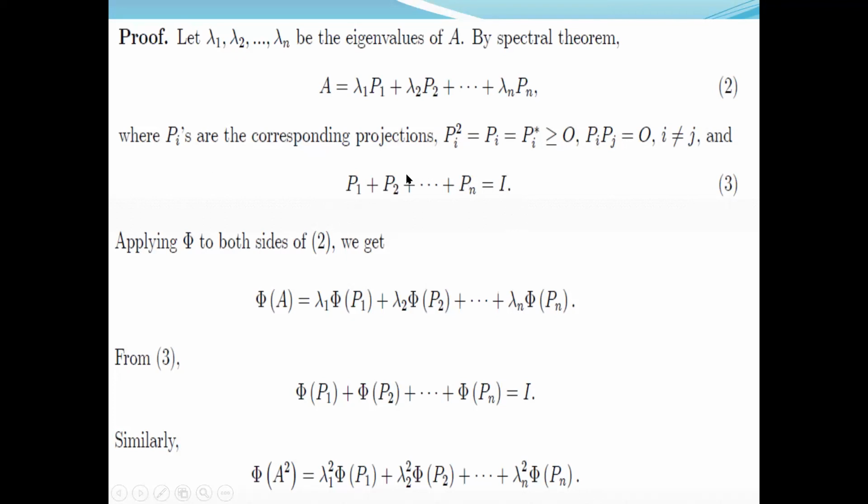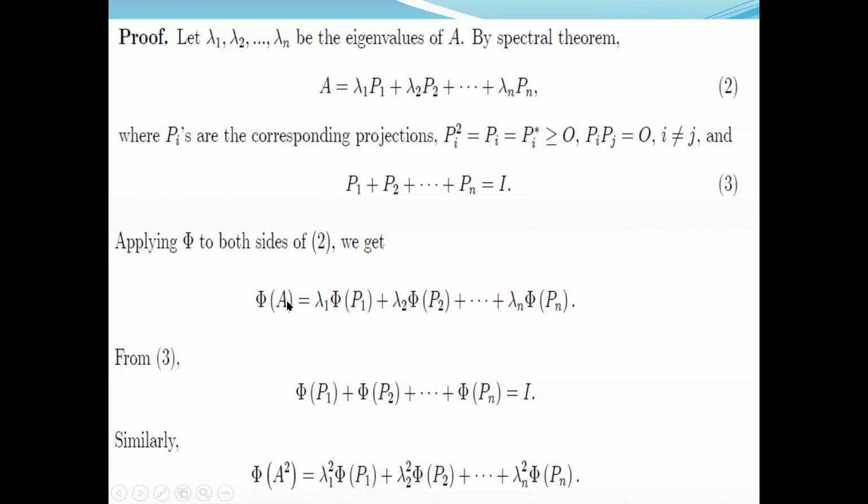Now apply phi to both sides of A and use linearity. Phi of A becomes phi of lambda 1 P1 plus lambda 2 P2 plus ... lambda n Pn. Now phi is linear, so this is equal to phi of lambda 1 P1 plus phi of lambda 2 P2 plus so on. Also we can take lambda 1, lambda 2 outside.